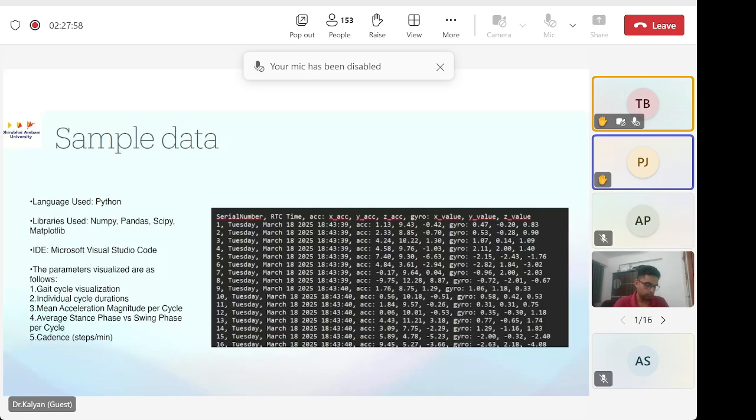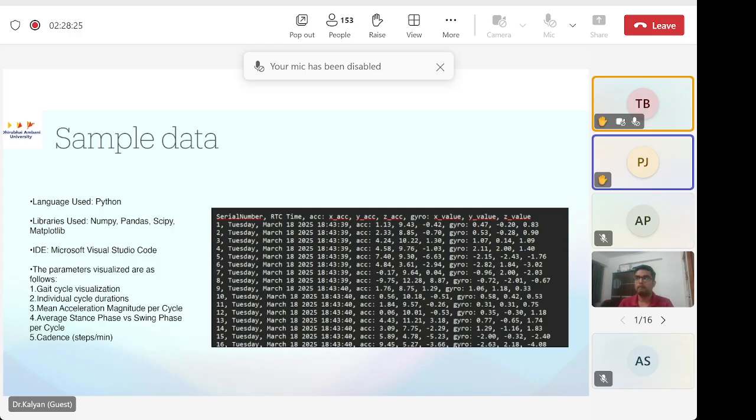Let's say when a device is attached, as shown in the previous figure, below your knee, the patient will be asked to walk a certain fixed distance. As the patient is walking, the data is being continuously generated. That generated data is fed into the system, and from that data, we are visualizing the gait cycles for that entire duration for which that person walked.